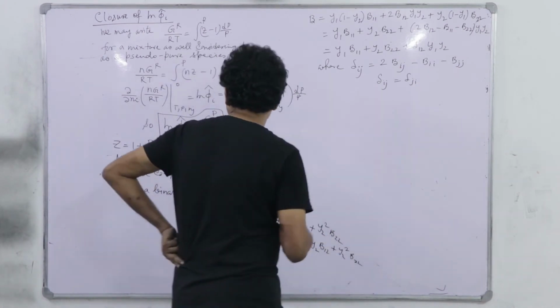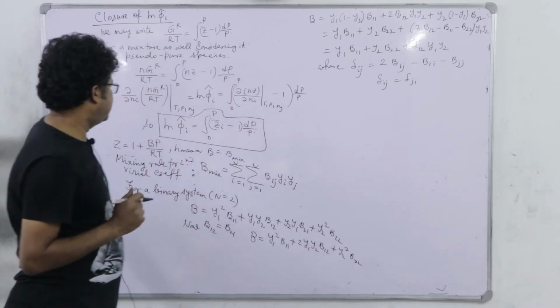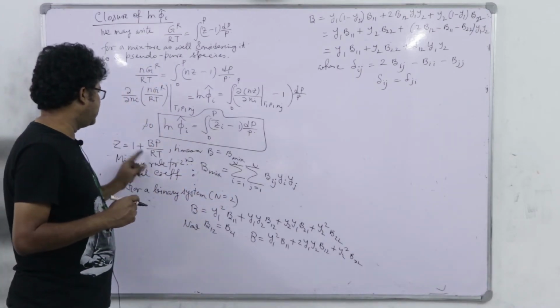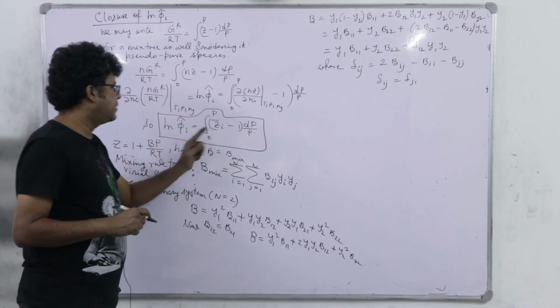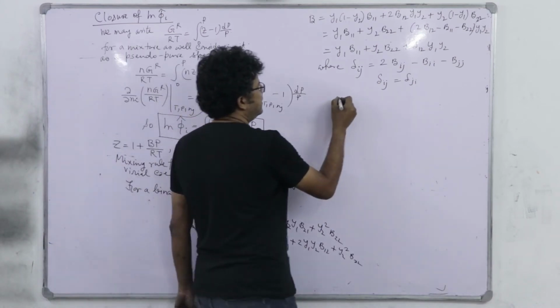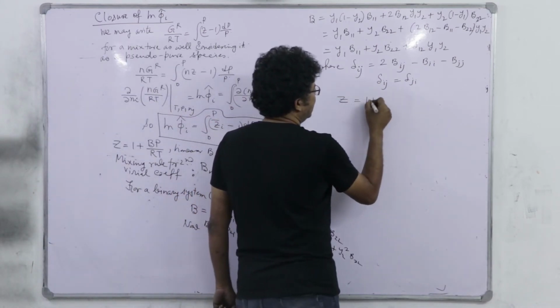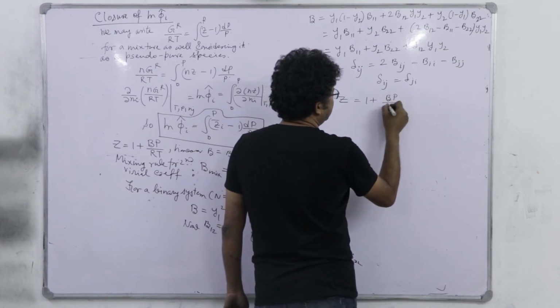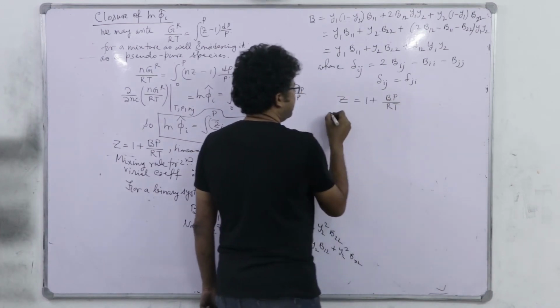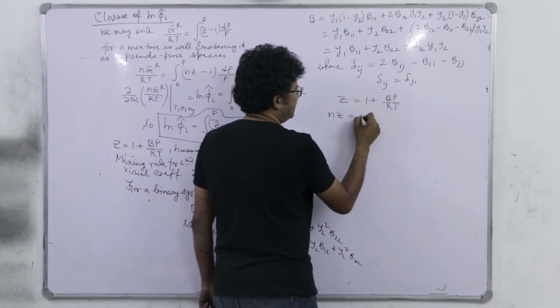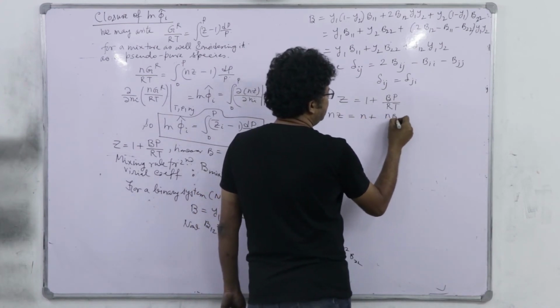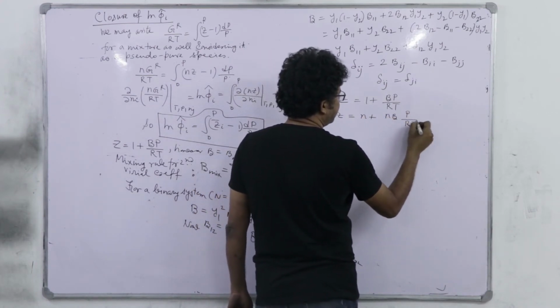So, that is B. If I use this equation here, what I will get? Z is equal to 1 plus BP by RT for a mixture. So, NZ is equal to N plus NB into P by RT.